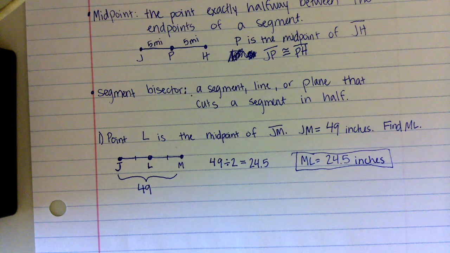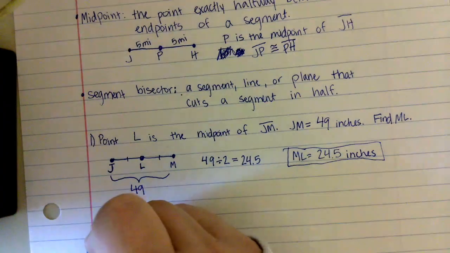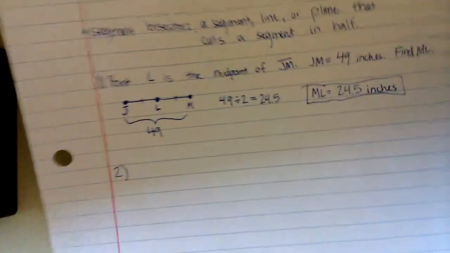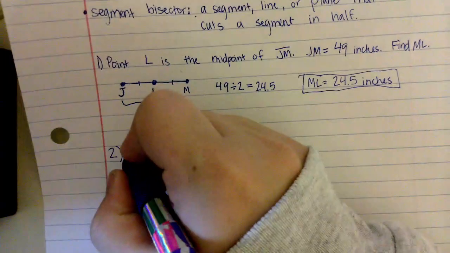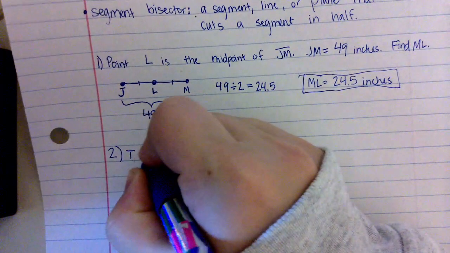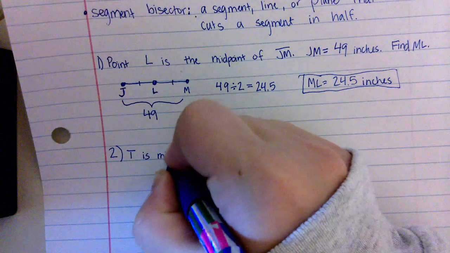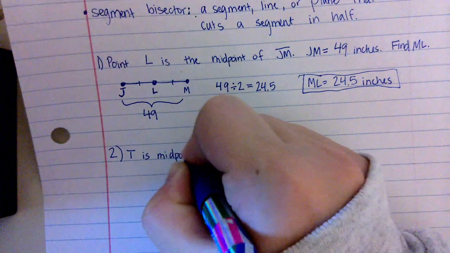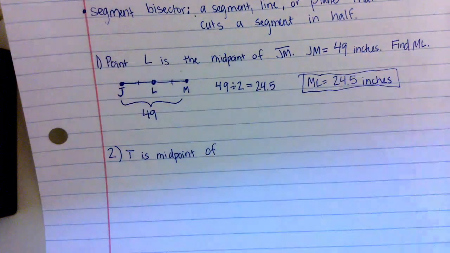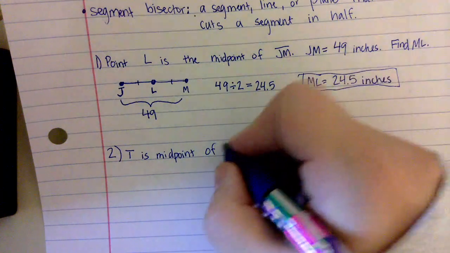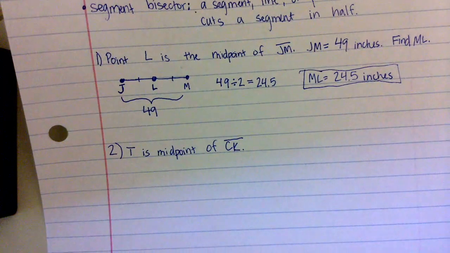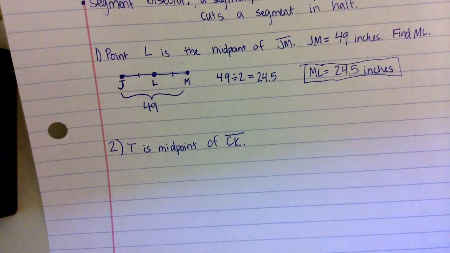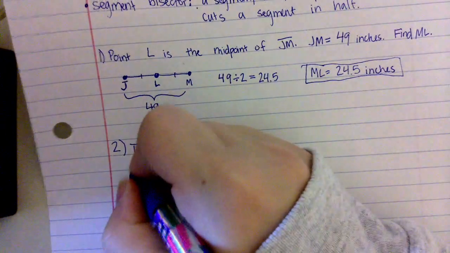Okay, number 2. This one's a little bit longer, but we know T is the midpoint of CK, segment CK. And we know that P is the midpoint of CT.